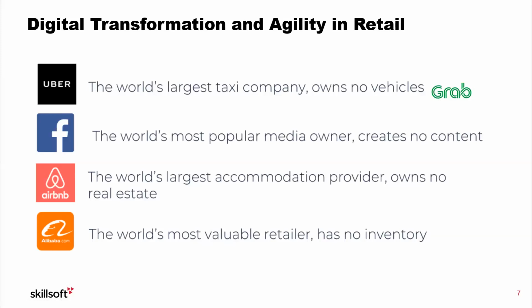They are the world's largest taxi company, and they compete directly with existing local taxi companies, and yet they own no vehicles. As a company, they have no vehicles of their own. They leveraged a crowdsourced model for a fleet of vehicles that is the largest in the world. And so, that has disrupted the taxi industry. And I've got a bit of an example on the next slide about that.